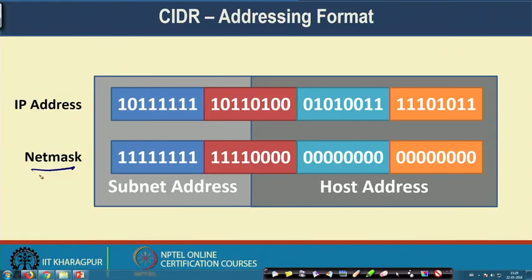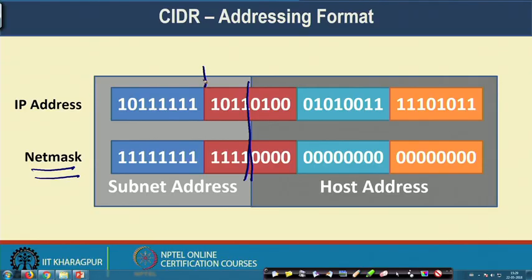So, you have this subnet addressing part. The subnet mask is again a 32-bit binary, where there are a few consecutive ones and then a few consecutive zeros. These consecutive ones determine that up to this part is your subnet address. In a class A IP address, this was your network address; in class B, this was your network address boundary; in class C, this was your network address boundary.